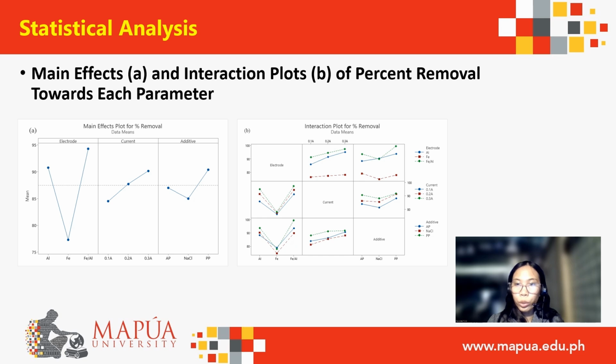And therefore, what we also did here is that for NaCl, the ratio is 1 to 2 to the current. So let's say we have 0.1 gram of the NaCl, we would have 0.2 amperes of current. You got it? So for the ammonium persulfate and potassium persulfate, both of them have a ratio of 1 to 1.